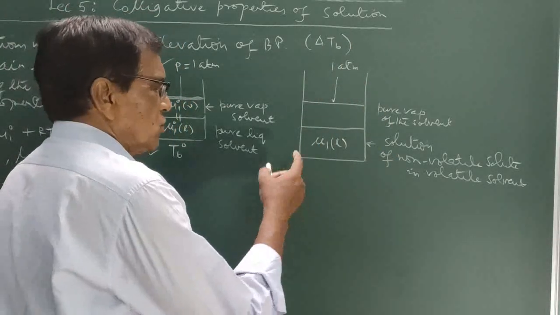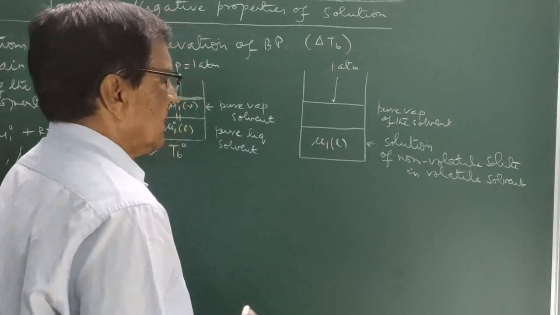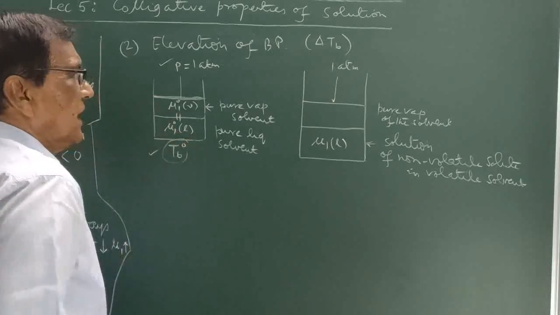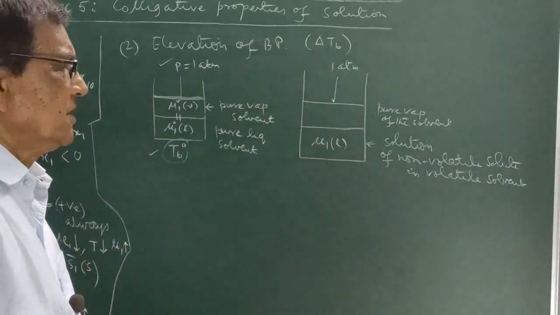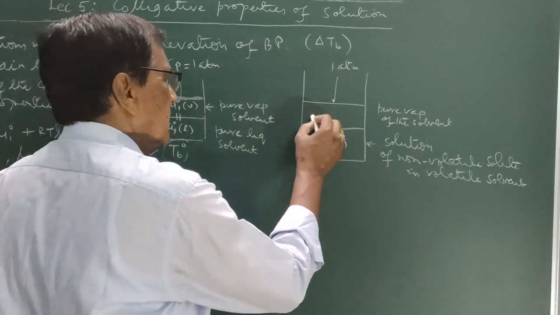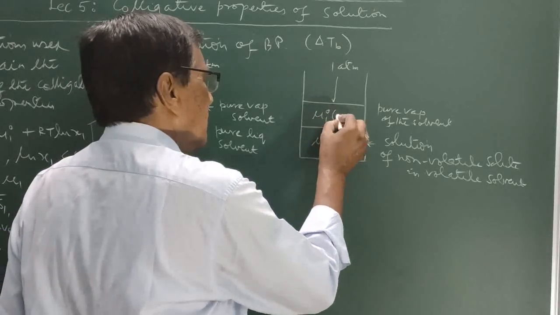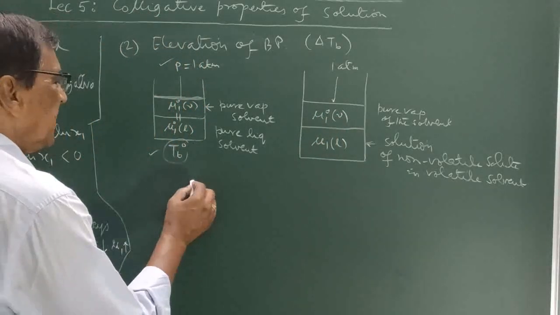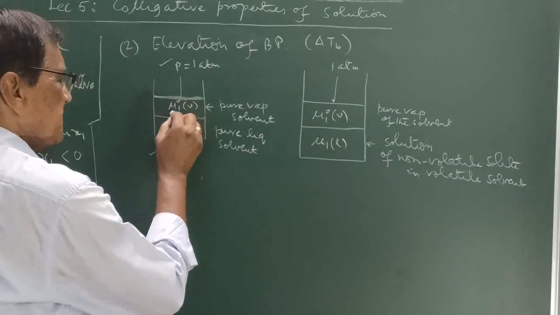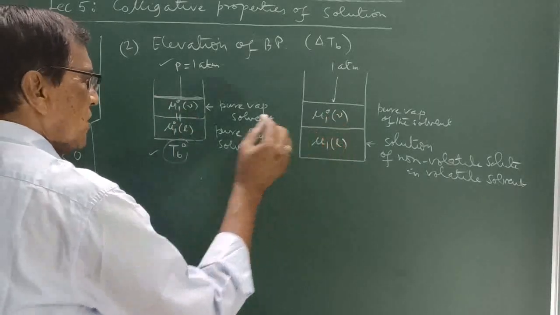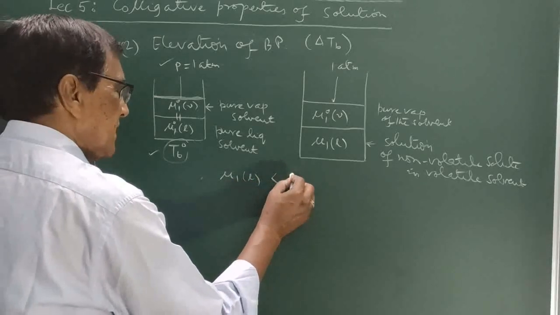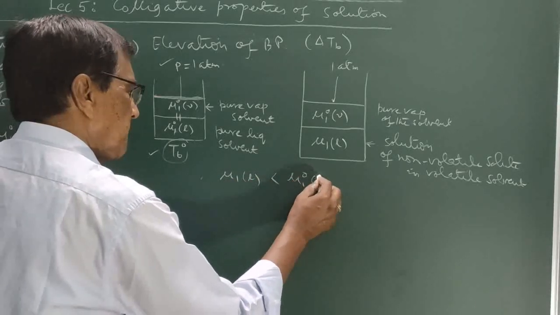So for the solution, at this temperature and at this pressure, this will not be equal. Here it is equal, but here it is not equal, and mu1L becomes less than mu1V.